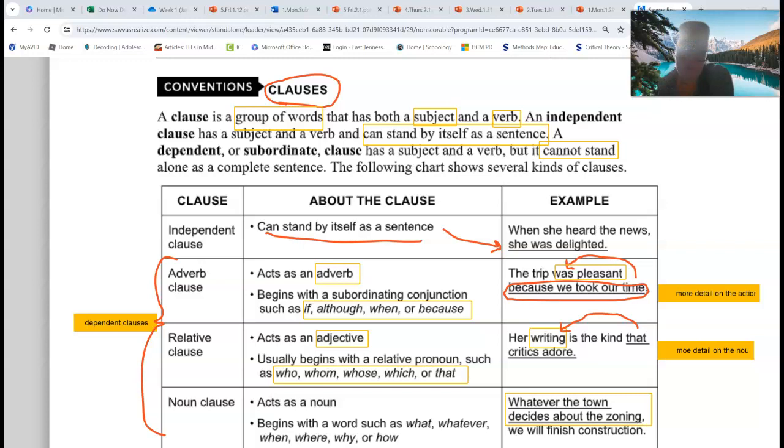So here, whatever the town decides about the zoning, we will finish the construction. This clause refers to, and this takes some thought, this clause refers to a decision. So that decision is in itself a noun.